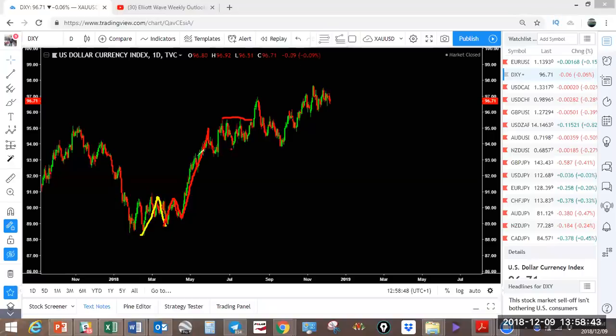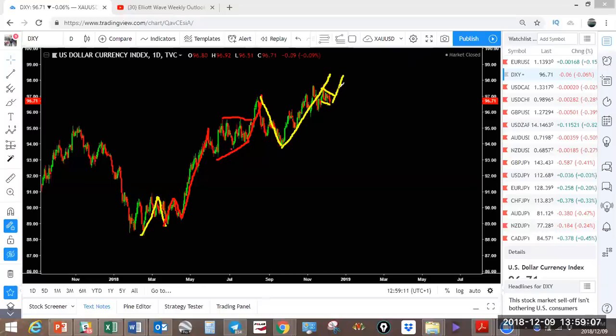I hope you guys know what a running triangle is. I've explained it before. This is what you have, a running triangle in wave 4 and then wave 5. So you've got a wave 4 here in the higher degree, and we're looking at this one to complete a wave 5. It looks like an expanding diagonal in wave 5. That is why I'm expecting the US dollar, the DXY, to push up higher.